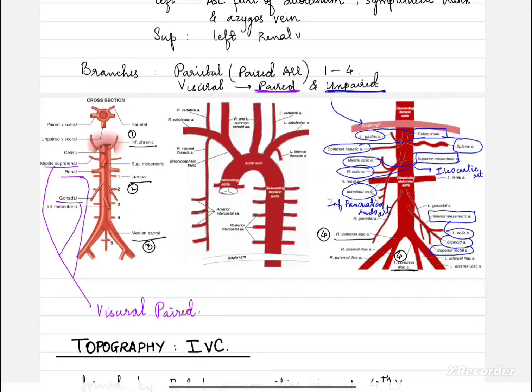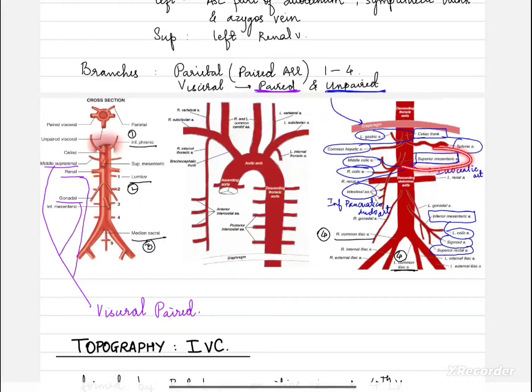The superior mesenteric artery gives the inferior pancreatoduodenal artery, intestinal arteries, ileocolic artery, right colic artery and middle colic artery.